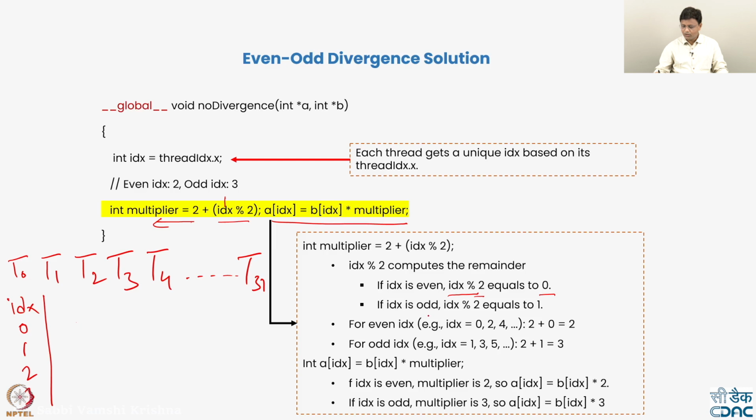If IDX is odd, then this is going to generate the value 1. So, for even IDX this is always 2 and for odd IDX it is always 3. And this 2 and 3 is being passed to the second function here, and we are performing the multiplication operation with the provided value based on the thread index, whether it is even or odd.